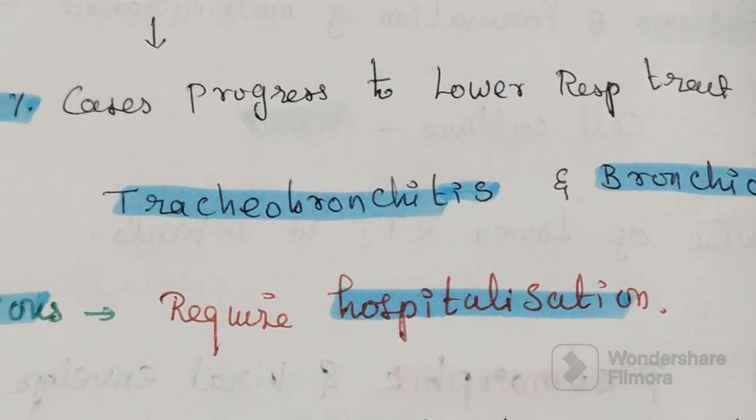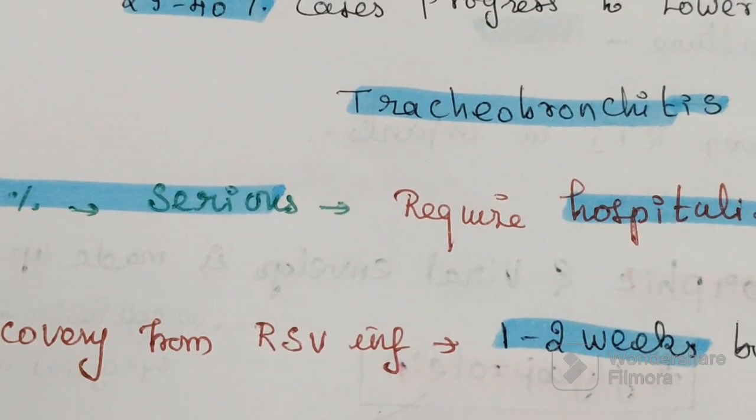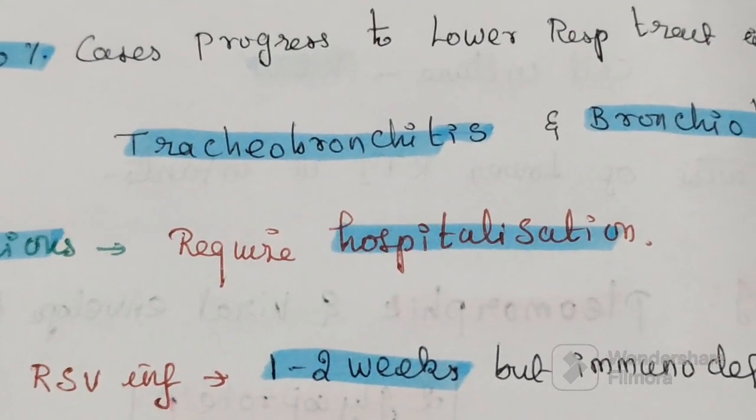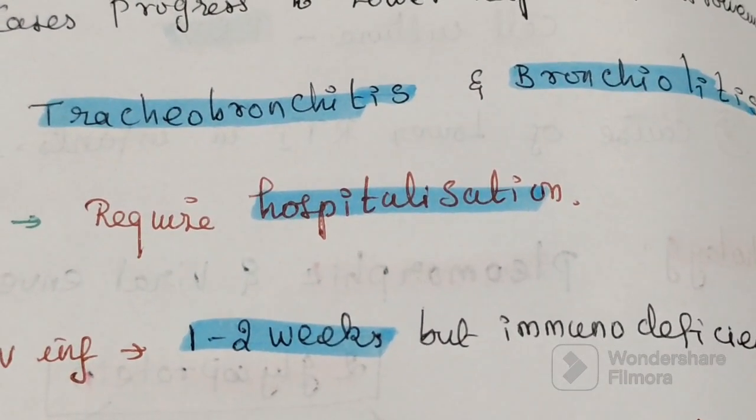Serious cases require hospitalization. Recovery from RSV infection is most commonly in 1 to 2 weeks.